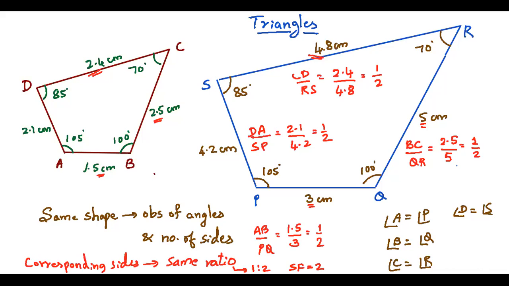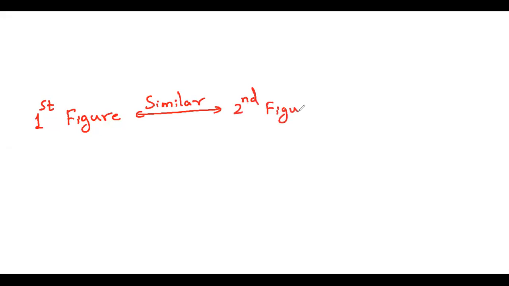Okay, so with this, I would like to give one interesting point. What is that interesting point? I say the first figure is similar to the second figure. I'm writing this for your visualization.